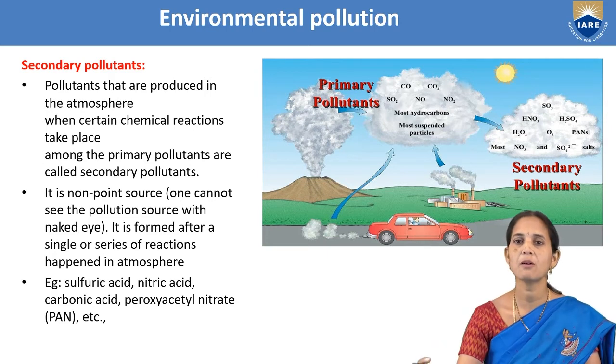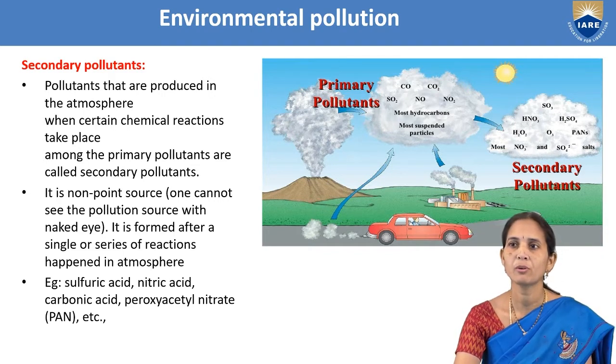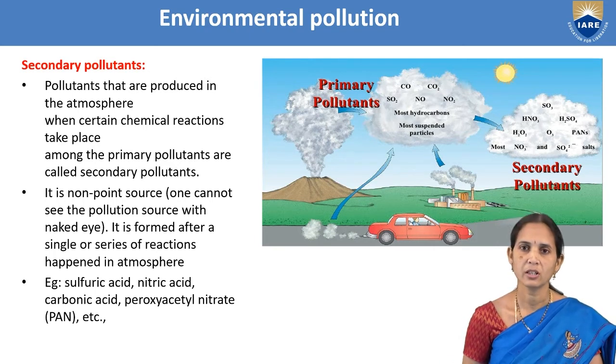So we can see the example in the diagram here. We can see the nitric acid and H2SO4, and here it is forming carbonic acid. All these are called secondary pollutants.